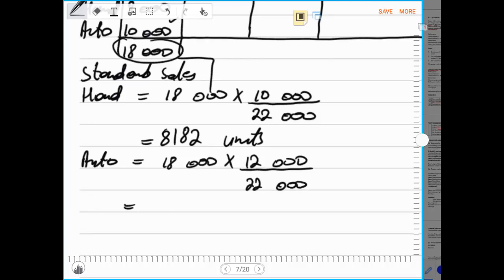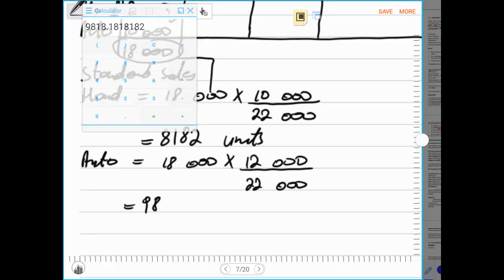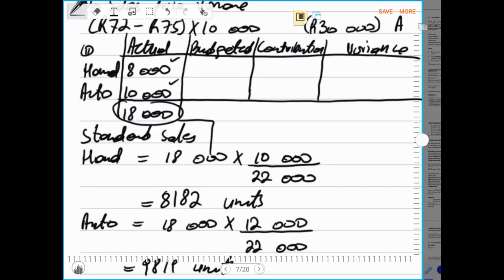So that will be the number of units budgeted for the second product, auto washing powder. Times this by 12,000, divide by 22,000. It gives me 9,819 units.